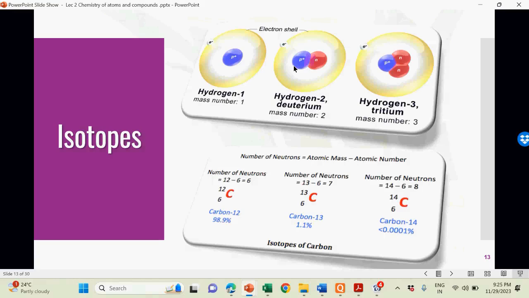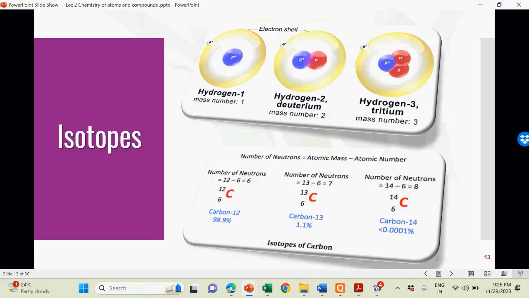In the red color, the neutron, and the blue for the proton, still with the same 1 electron. So it is hydrogen 2 or deuterium, and the mass number is 2 because it is equal to the sum of the protons and the neutrons.